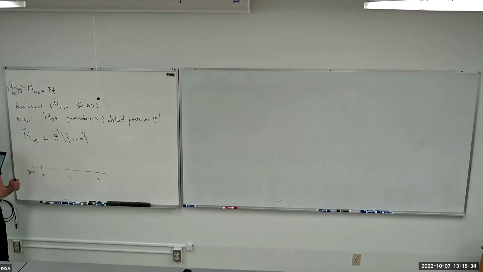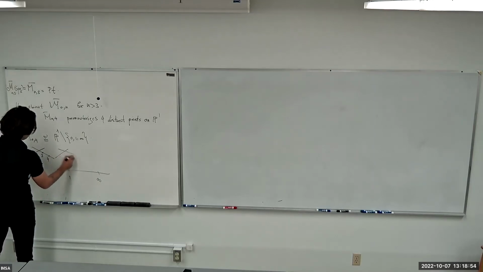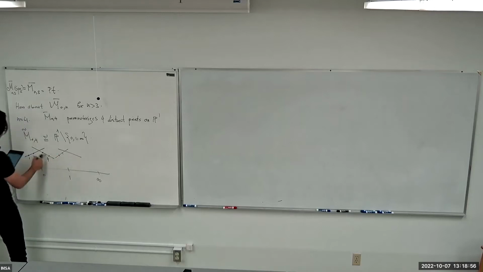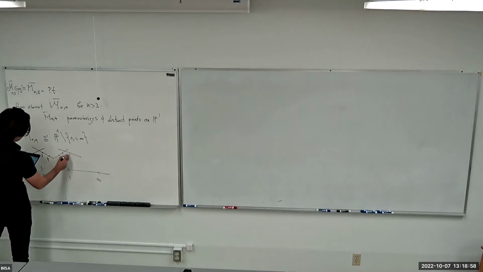So the only way that you can have such a situation is that you would have 2 points like this. So 1, 2, 3, 4. Or you can change the labeling of these points: 1, 3, 2, 4.